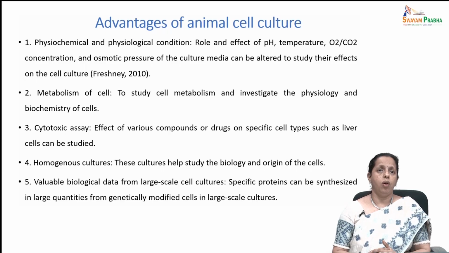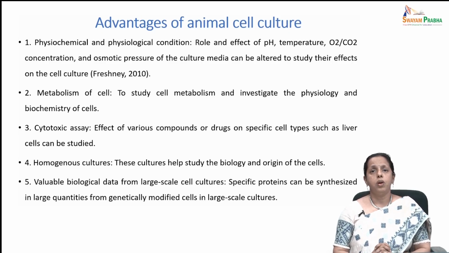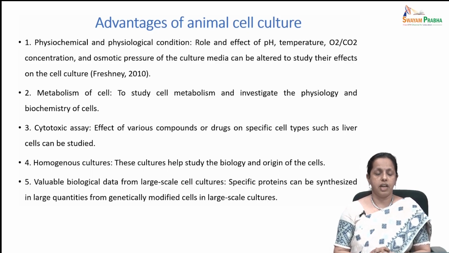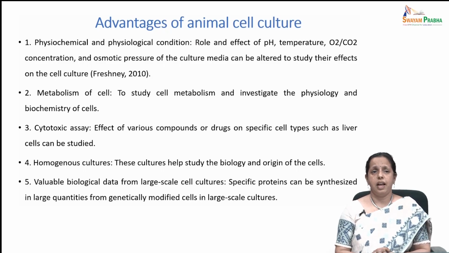Yes, the effect of pH, the temperature, O2, CO2 concentrations can be altered to study their effects on the cell culture. To study cell metabolism and investigate the physiology and biochemistry of cells, they can be really well employed. As I mentioned, cytotoxic assays can be very well studied, the effect of various drugs on the growth patterns of the different cell lines.